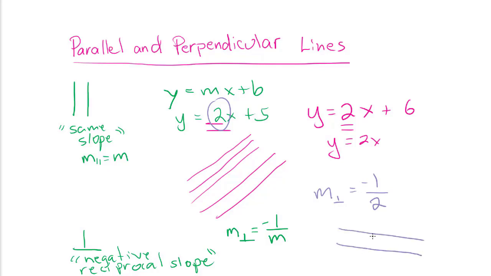Now, what would a parallel line to that be? Well, it could be any set of parallel lines. There are infinitely many lines that are perpendicular to the original line. y equals -1/2 x plus 5. y equals -1/2 x with no intercept, and so on and so forth. I could have several lines that are perpendicular to that.